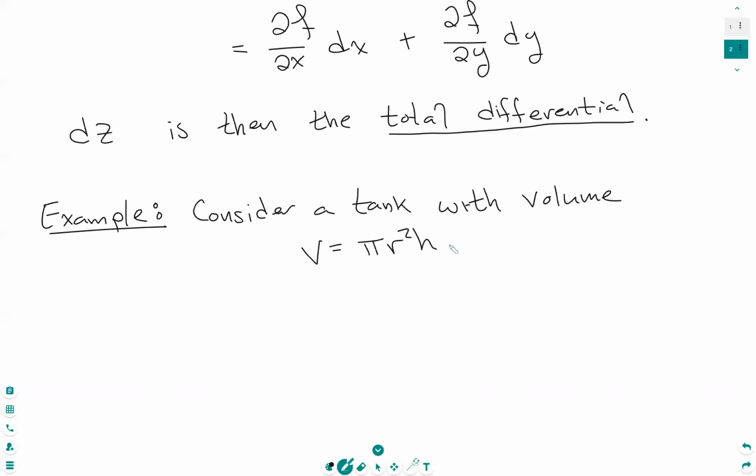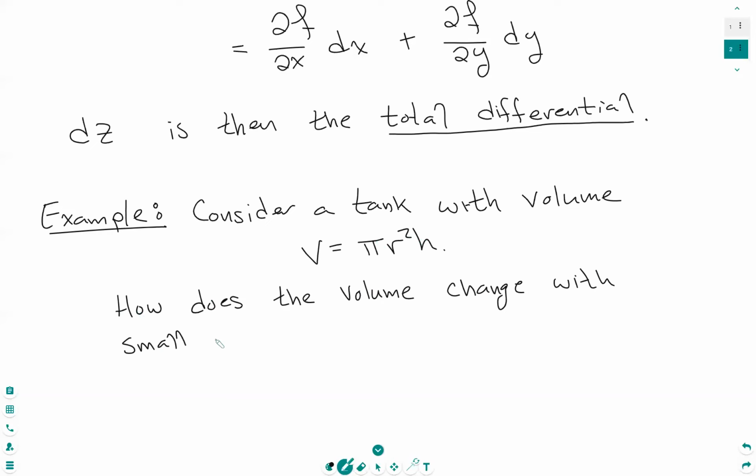So it looks like a standard cylindrical tank. So the question is, how does the volume change with small changes to R and H?